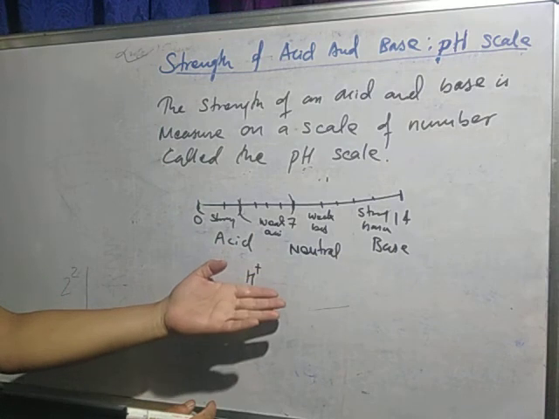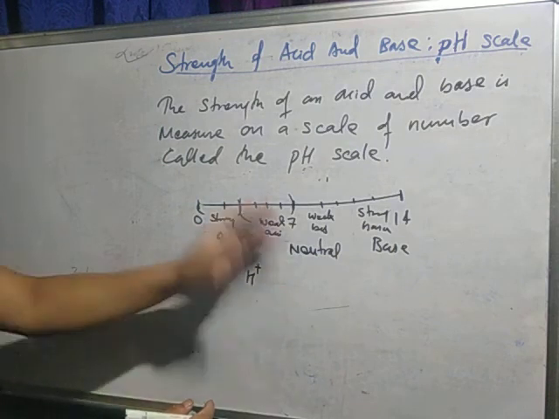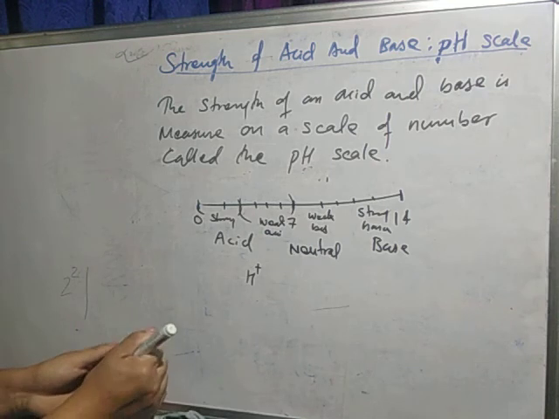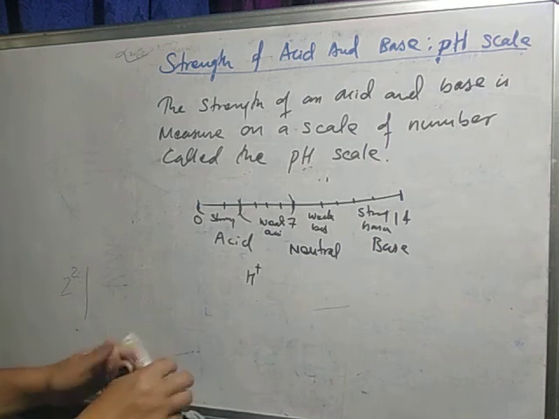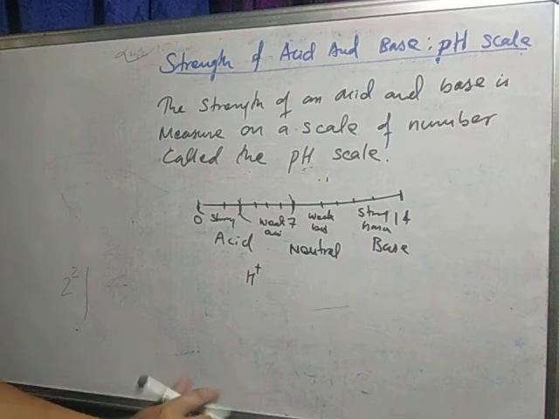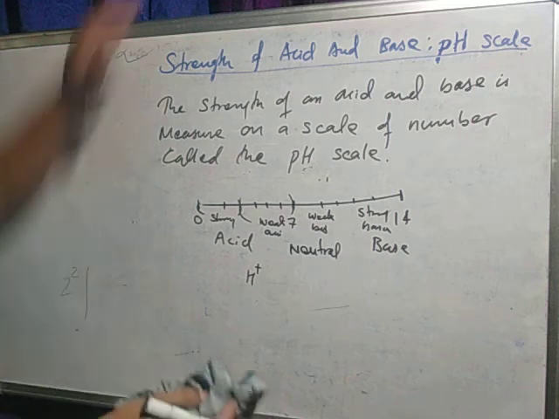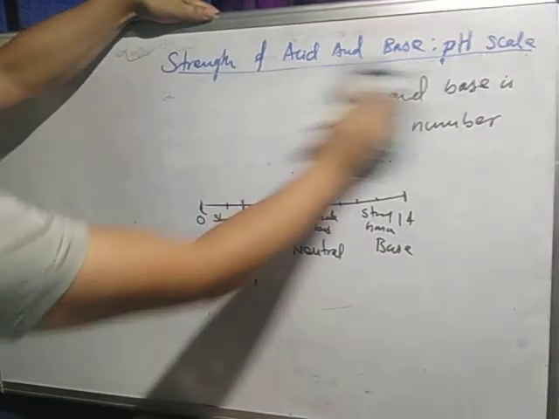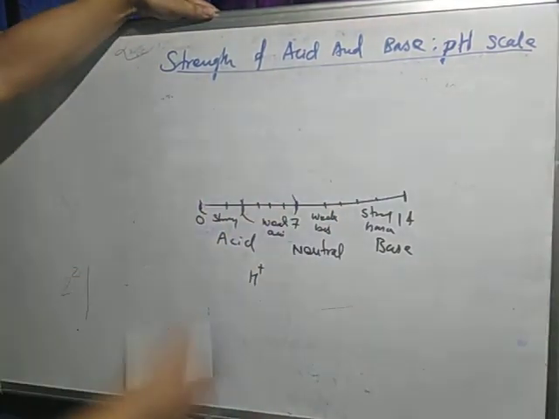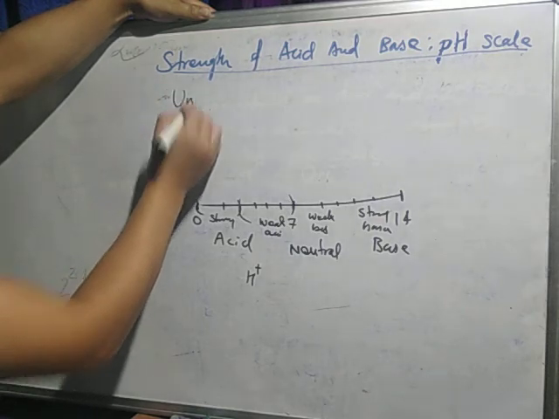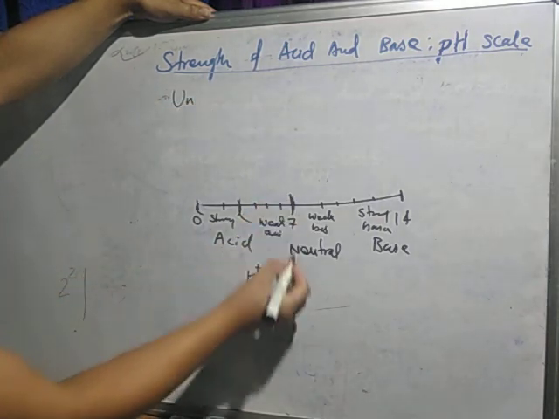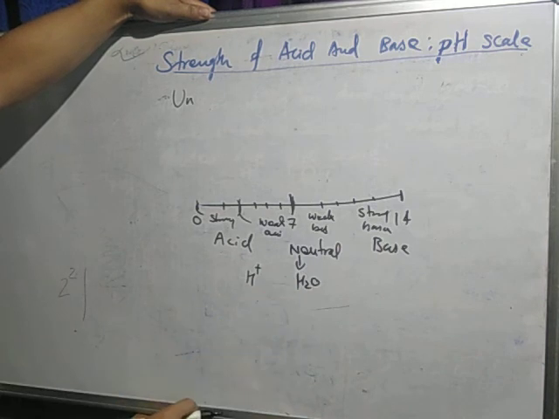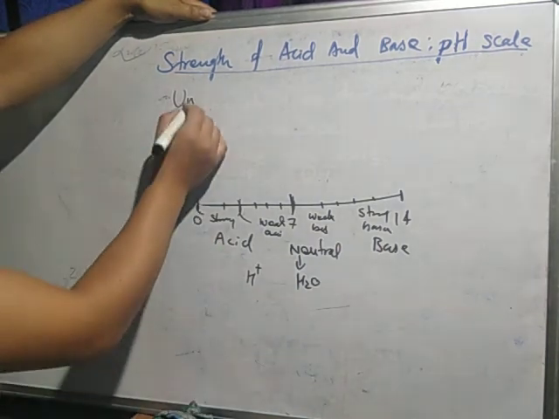Turn to the page number, whatever is there, and go through it once. So this is what your pH scale is. One thing, this neutral is your water. Example, just give water.